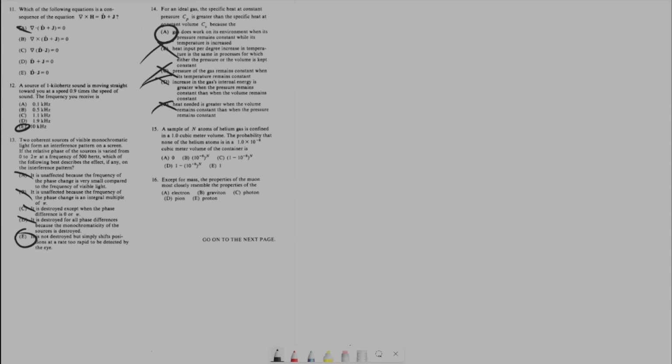Moving on. A sample of N atoms of helium gas is confined in a 1 cubic meter volume. The probability that none of the helium atoms is in a 1 times 10 to the negative 6 cubic meter volume is, so let's always do a little diagram.